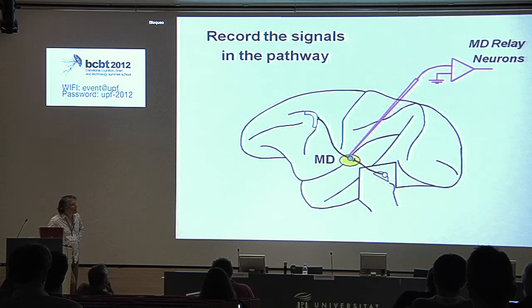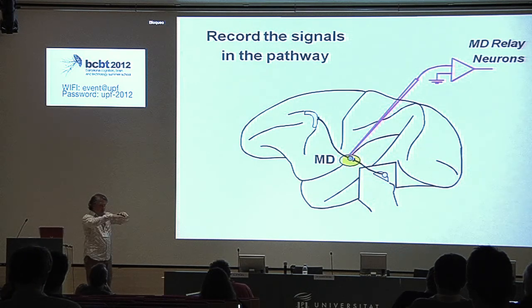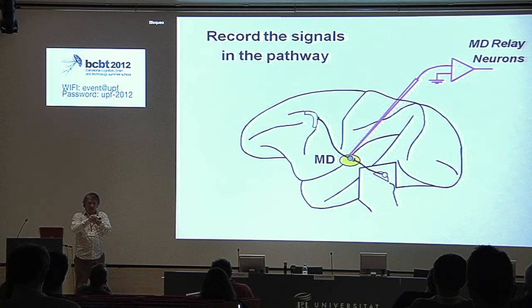So how do you isolate and record from specific neurons that are part of a pathway? Thalamus is a huge structure. If you think of the cerebral cortex as a huge structure, imagine the cerebral cortex compressed into a little kind of nut-shaped structure that's receiving input from all over the cerebral cortex.